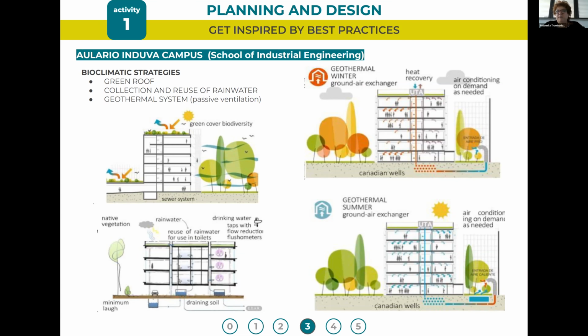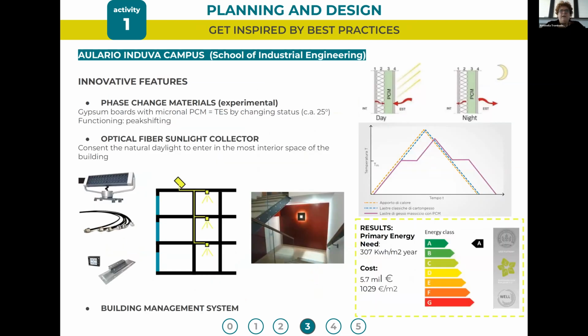It is very interesting, especially for the students, to investigate this kind of project and this kind of best practice, because they will be more interested in analyzing all the performance, all the metabolism of the building, considering it like a living organism, like a living element in a context.